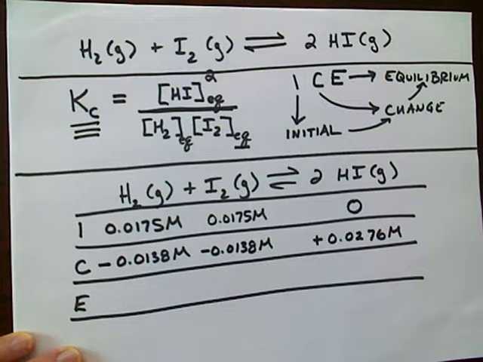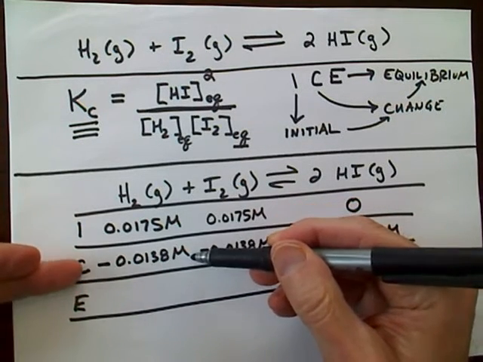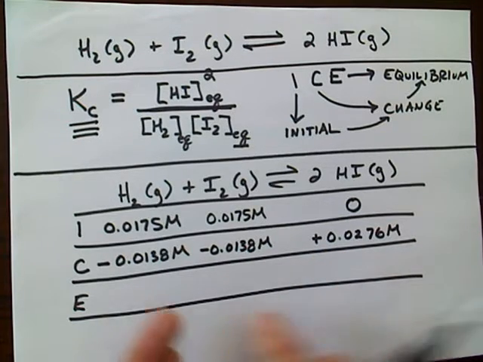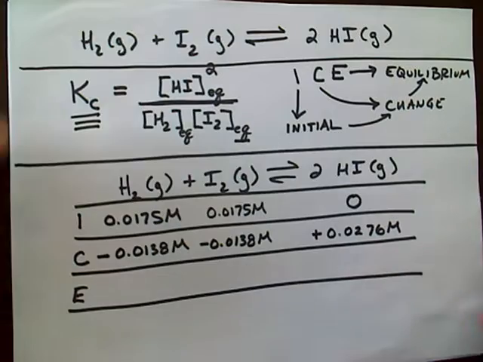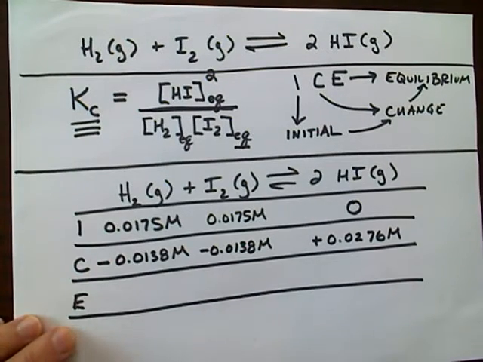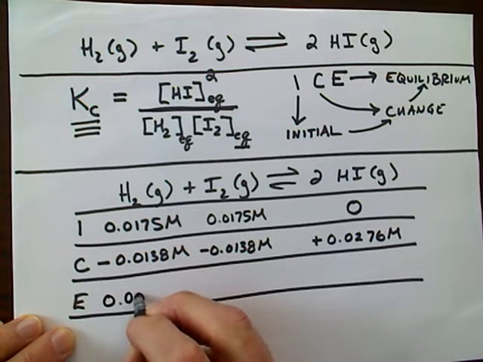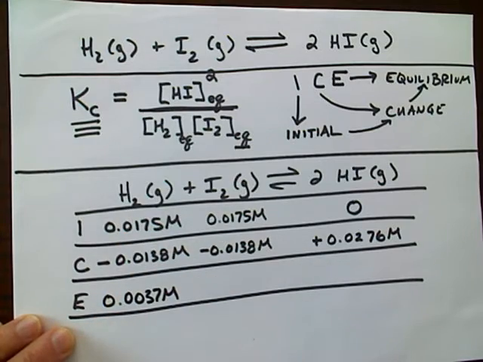Now we just take our initial condition, subtract or add the change to get our equilibrium value. So what's 0.0175 minus 0.0138? This minus this gives us 0.0037 molar for our equilibrium hydrogen concentration.